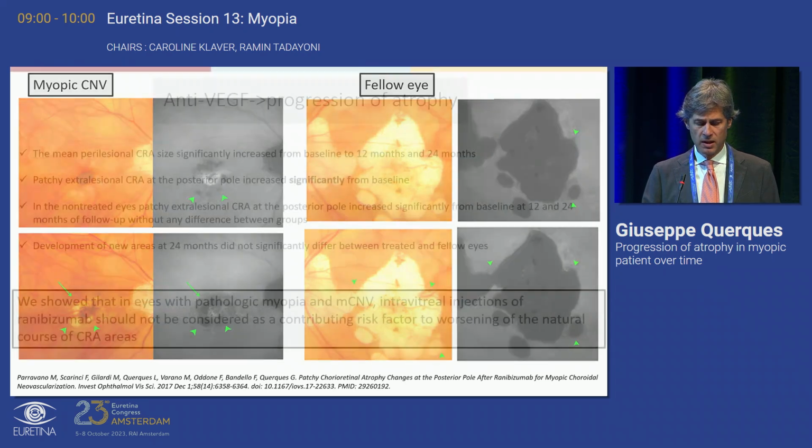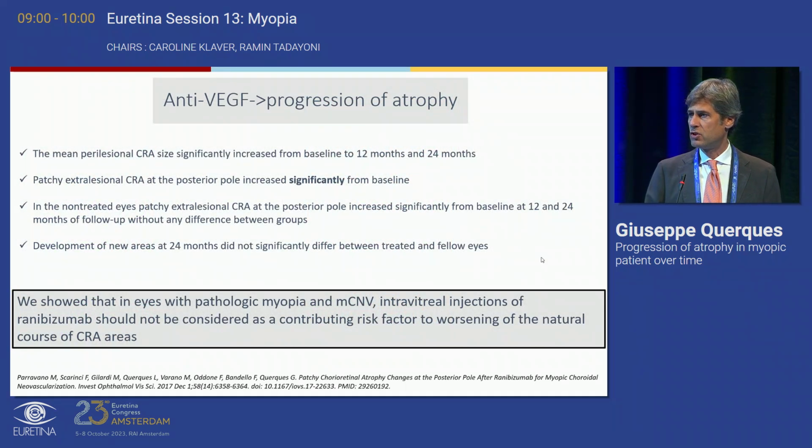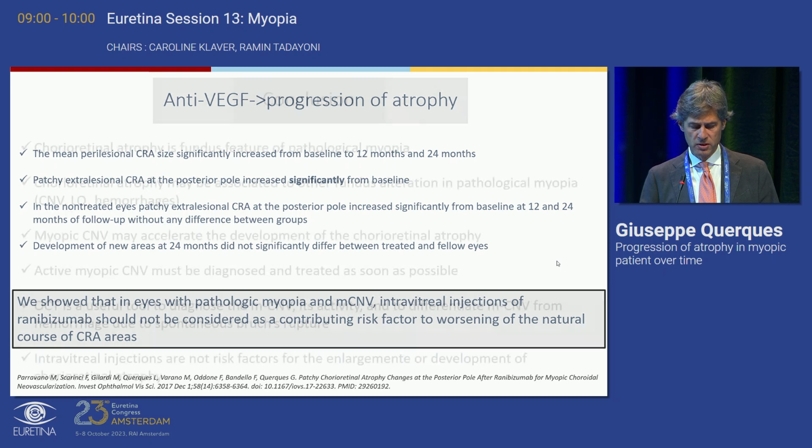So there was no impact of anti-VEGF beside the area of the CNV when we look at the patchy atrophy that are outside the area of CNV. Still, with a progression over time that is probably related to natural history, and this was published a few years ago in the IOVS.